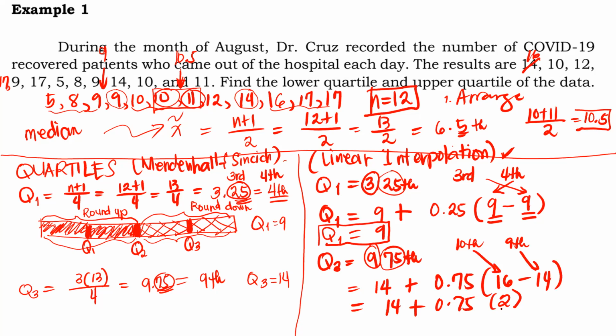So you need 75% of 2. What is 75% of 2? That's 1.5. So 14 plus 1.5, and our Q sub 3 will be 15.5.